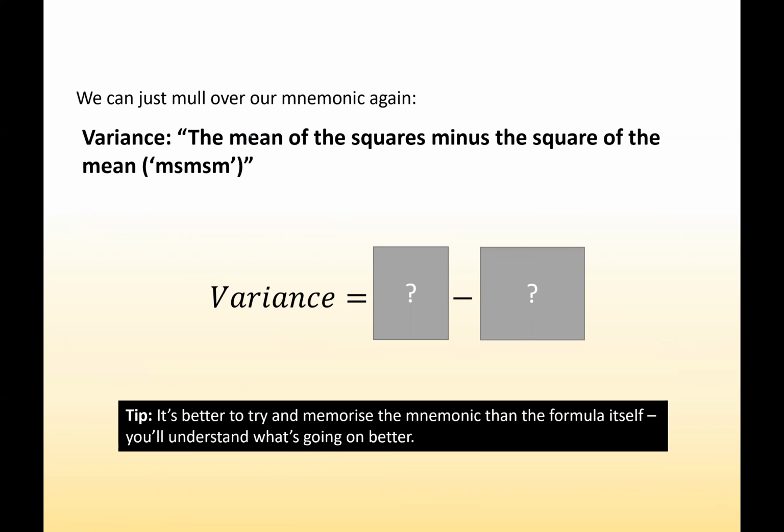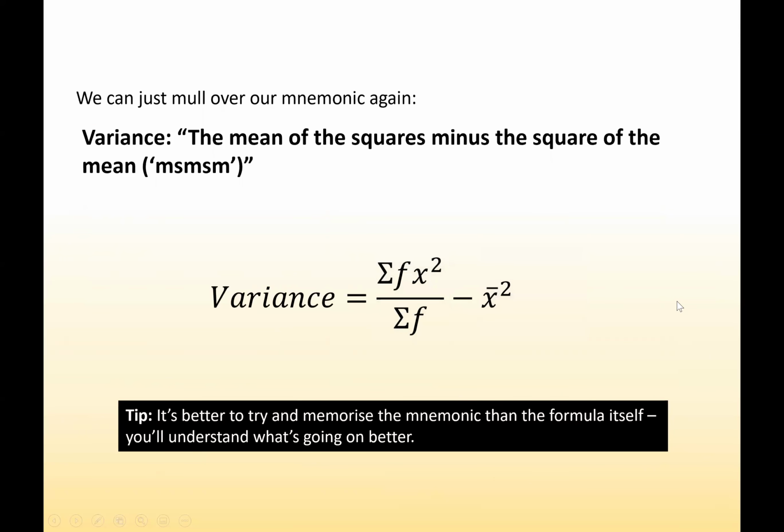Just remember mean of squares, subtract the square of the mean, and then we can write down what it's going to be. Here's just another way of writing that. Hopefully, it might make sense for a frequency table when we have to multiply our frequencies by the value squared, divided by the sum of the frequencies, and of course, taking away the mean squared there.